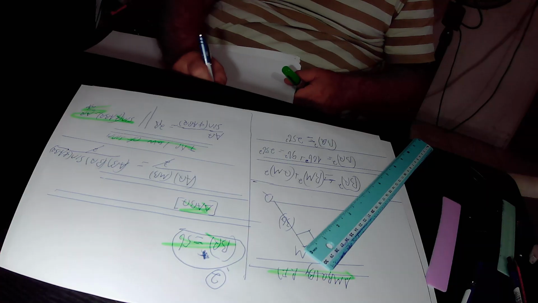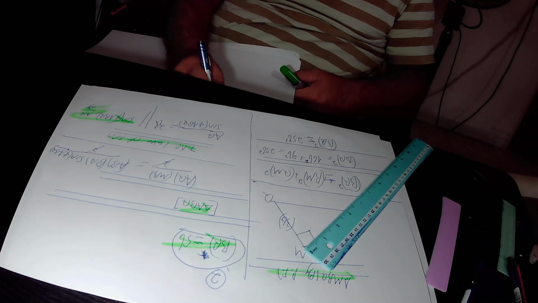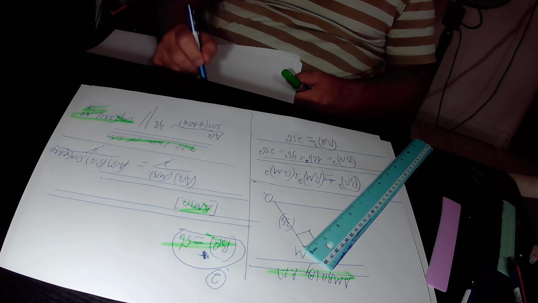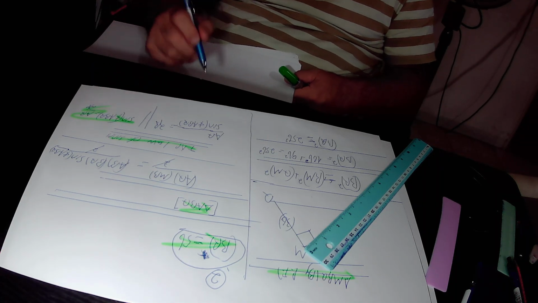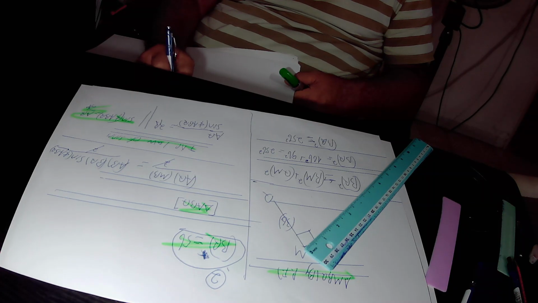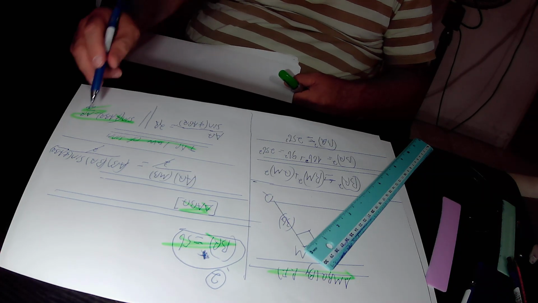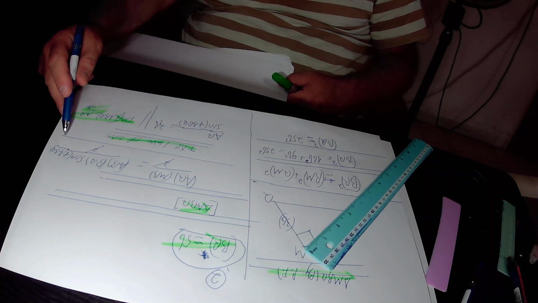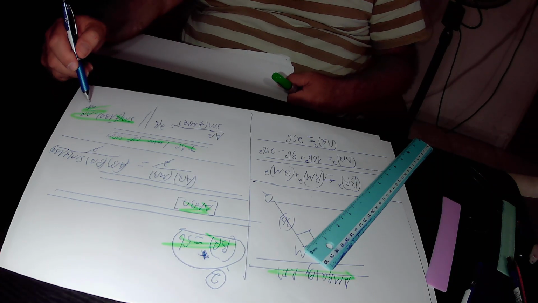AQ times MB equals AB times BQ times sine of angle ABQ, and sine of angle ABQ is AQ over 2R.